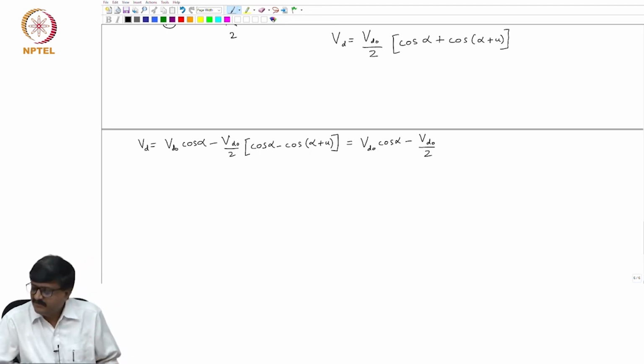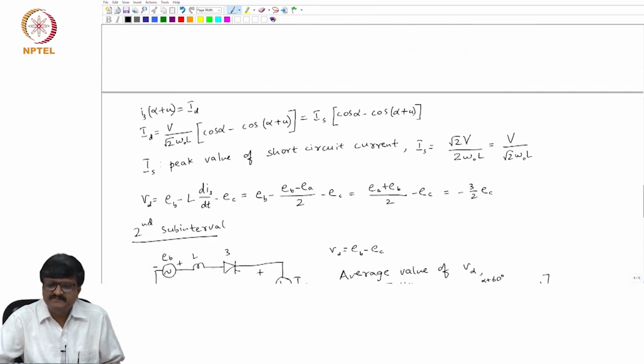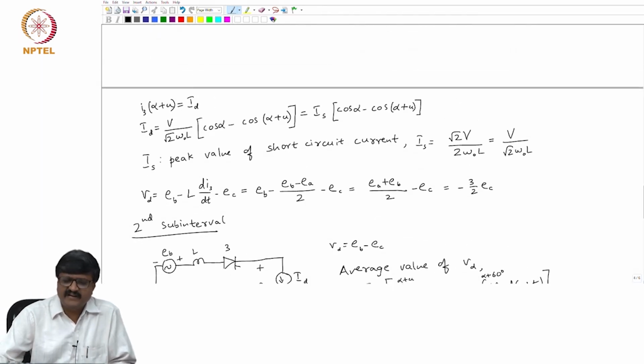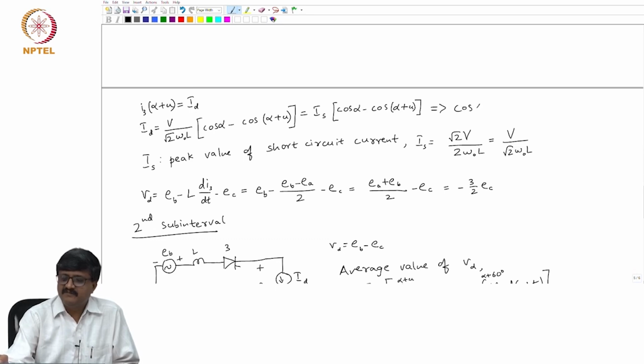Now, just go to the previous page. Look at the expression for Id. Id is given by Is into cos alpha minus cos alpha plus u. So, from this equation, cos alpha minus cos alpha plus u is Id by Is.